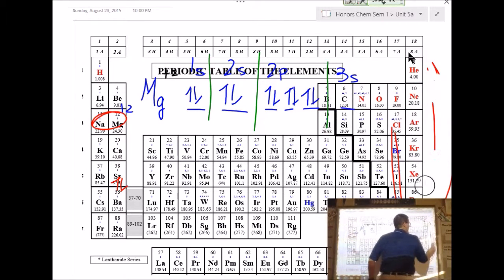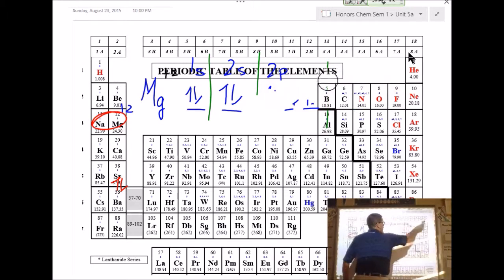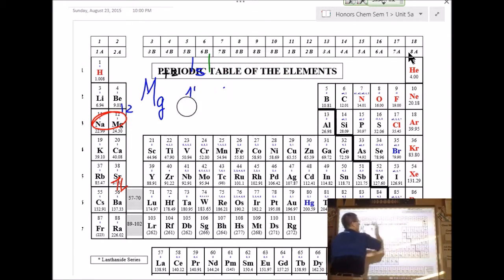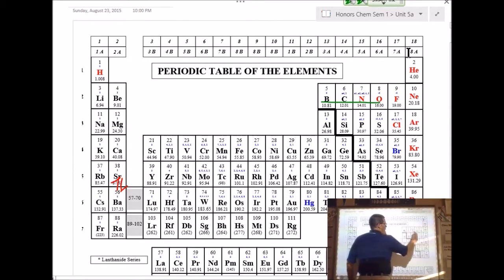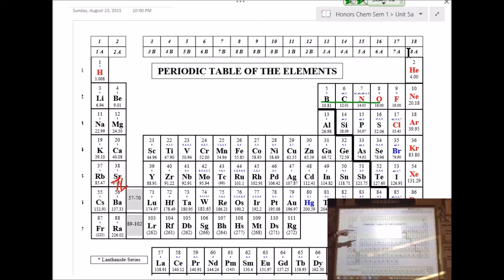I'm going to see if you guys are good here. See how good you are. If I'm looking at oxygen, how many electrons are in the p orbital for oxygen? 4. Okay. So what do you think is the most common charge for oxygen? Based on there's 4 electrons here, and we need to get how many? 6.